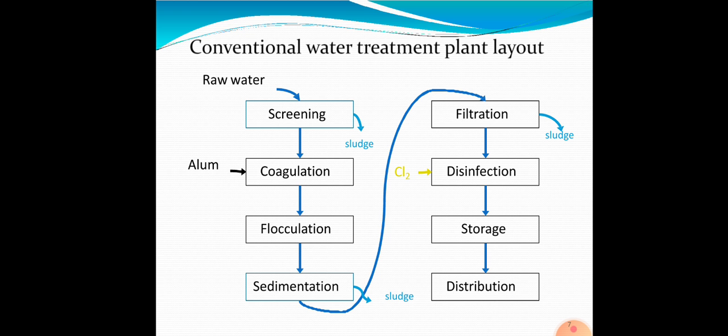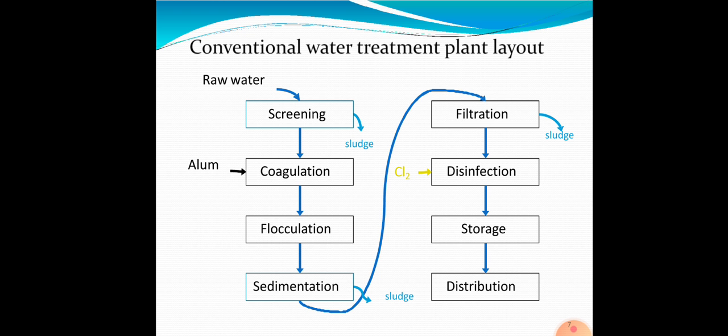Then there is another process, we call it aeration. Aeration is a process which is mainly adopted to remove the objectionable taste and odor that is present in water, and also it removes the dissolved gases like carbon dioxide, hydrogen sulfide, etc. And to some extent, iron and manganese that are present in water may also be removed by the process of aeration.